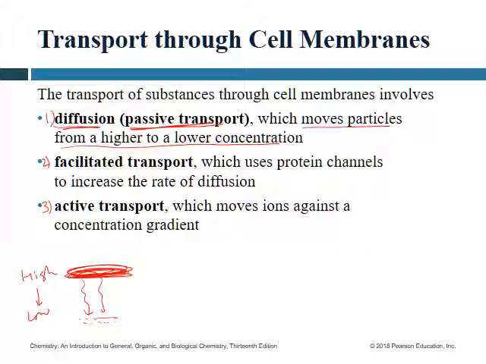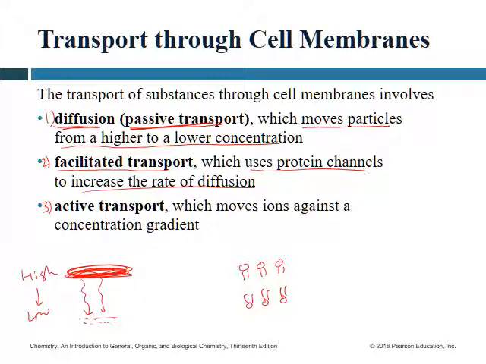The second one is facilitated transport, which uses protein channels to increase the rate of diffusion. So let's say this is your lipid bilayer, right?